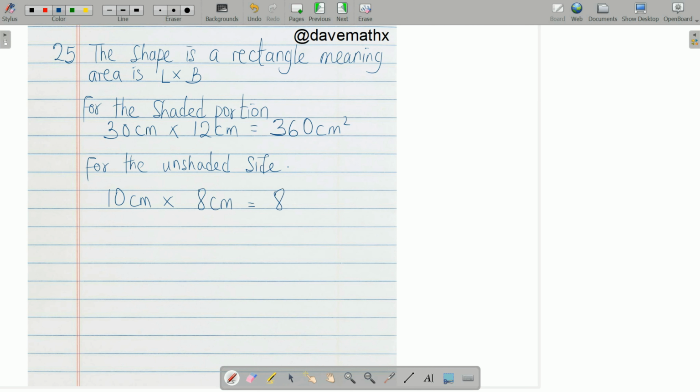I could have stated that the rectangle's primary shape measured 30 by 12 centimeters, but I had to use the term shaded part in order for you to grasp the simplest explanation.